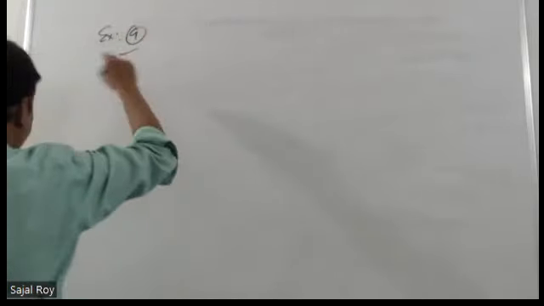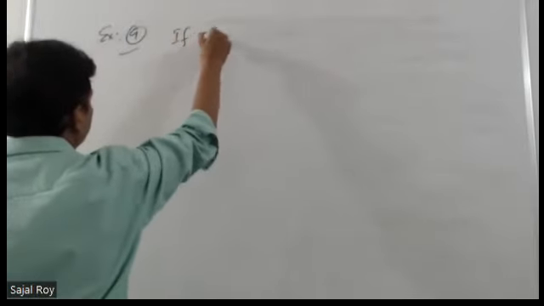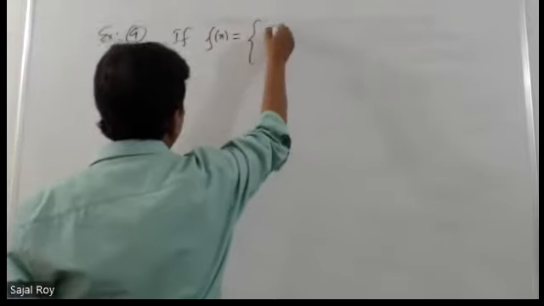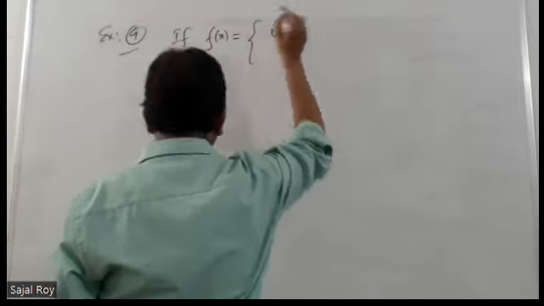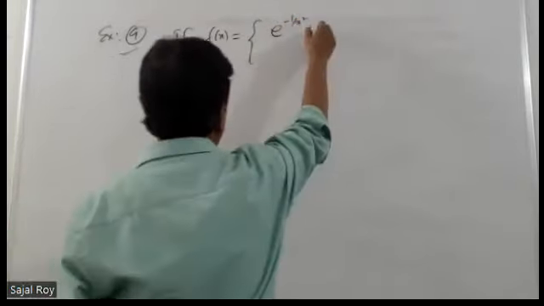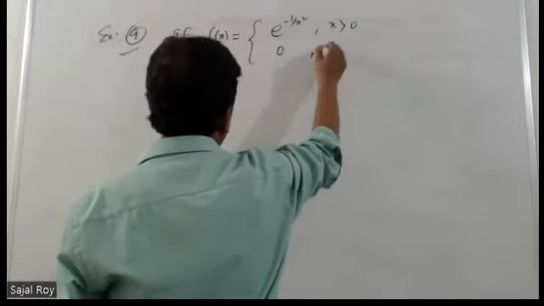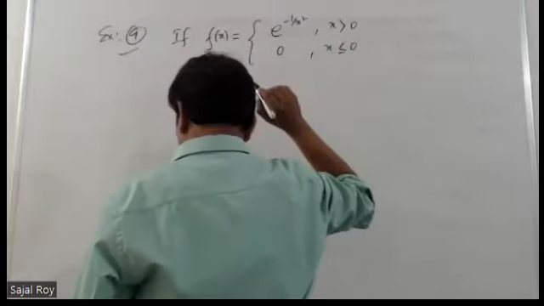Nine. f(x) equal to e to the power minus 1 by x square for x greater than 0, and 0 for x less than or equal to 0.